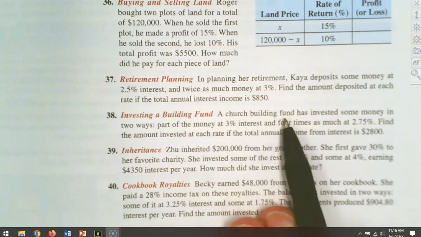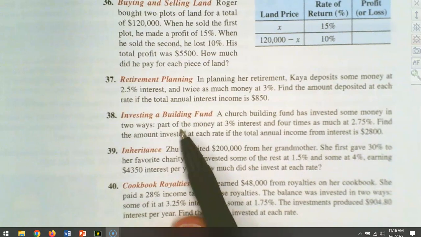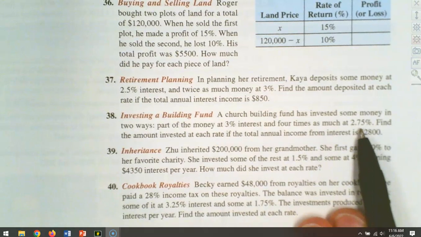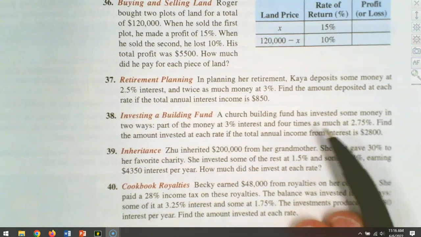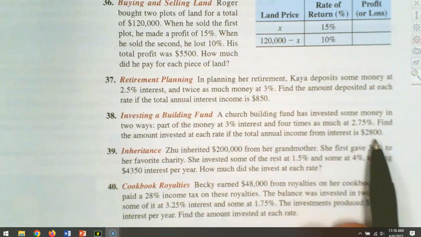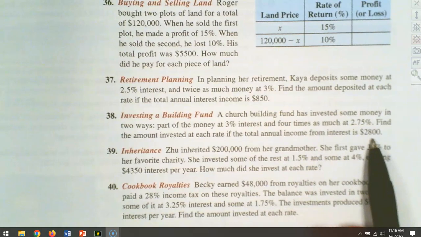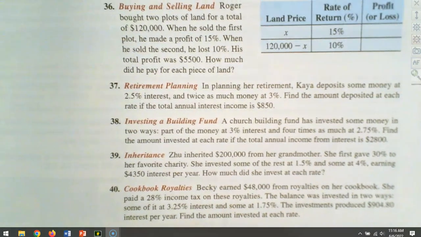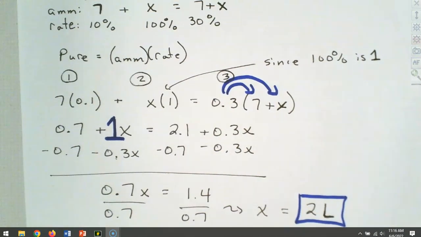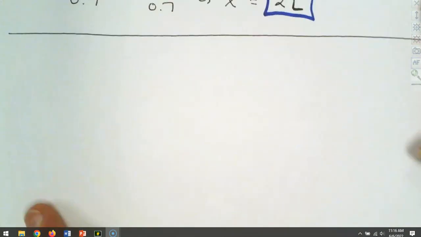A church building fund has invested some money in 2 ways. Part at 3%. 4 times as much at 2.75%. Find the amount invested at each rate if the total annual income from the interest is $2,800. We're going to set it up the same way that we did the mixture questions, except instead of using containers with numbers, we're going to use dollar signs because we're working with money. And this, by the way, is on page 121.